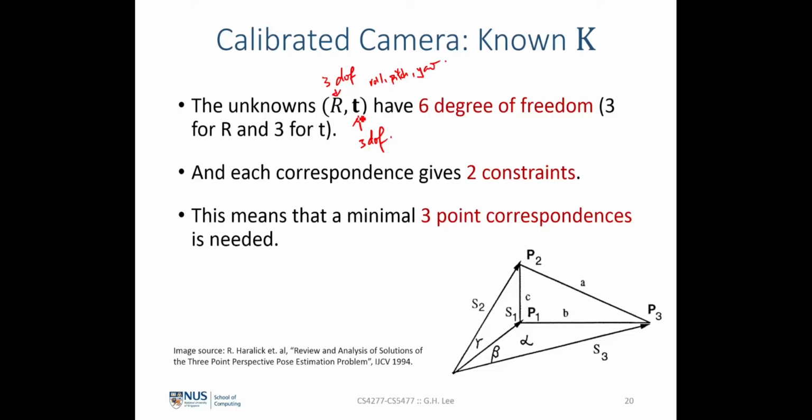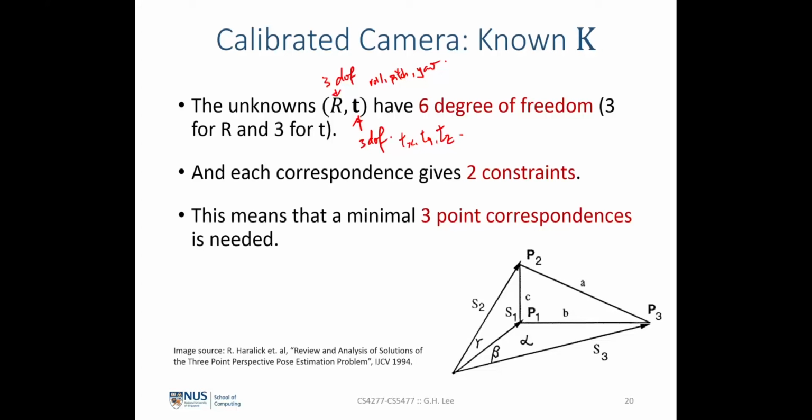T is with absolute scale, so there's Tx, Ty, and Tz. Hence, there are 3 degrees of freedom here. In total, there are altogether 6 degrees of freedom that we need to solve for in the unknown rigid transformation.